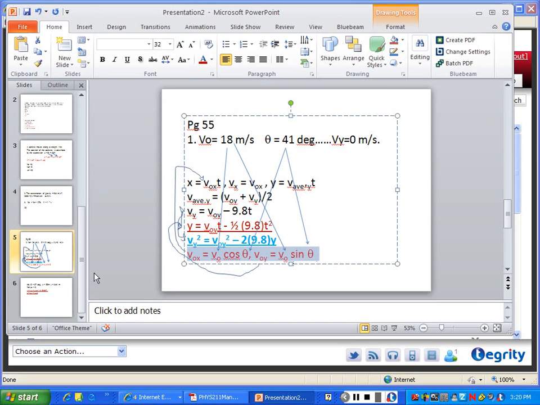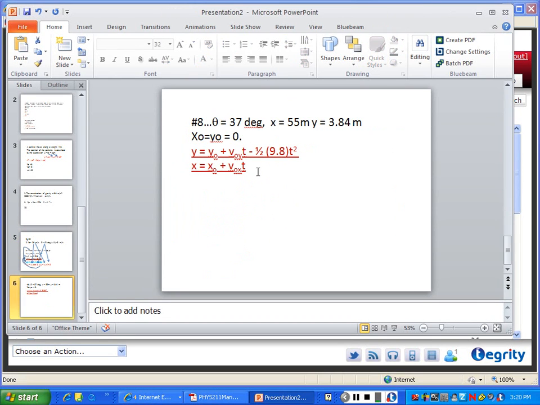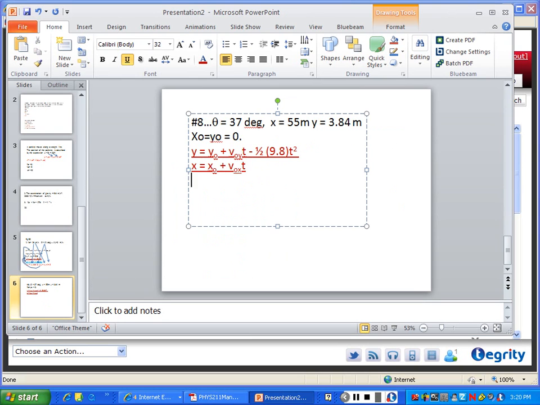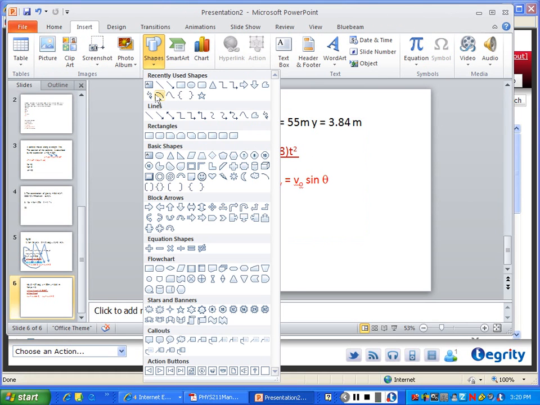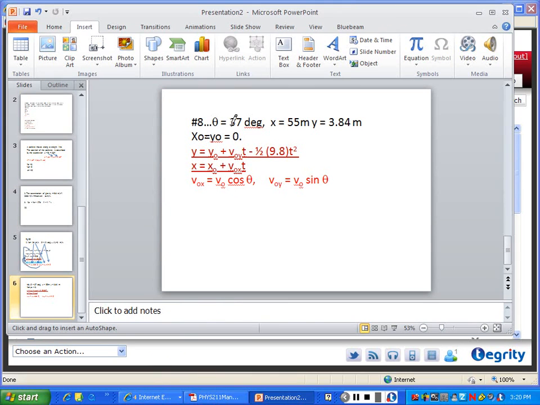So if we take that formula and bring it over here, paste it in, and put in our theta, take that 37 and bring it down and put it in our formula here and here.